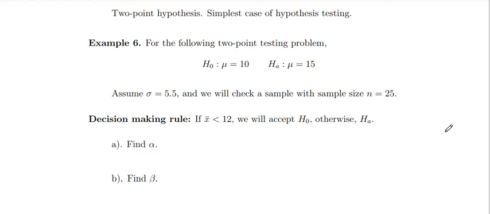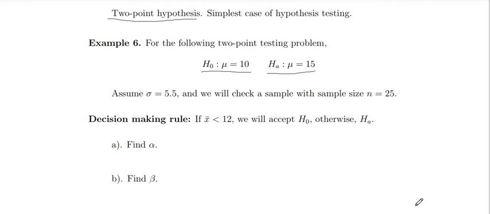We call this a 2-point hypothesis problem. Here, mu has only two possible values: mu equals this number or mu equals that number. For example, mu can be 10 or 15. We only have two possible values for mu, so we just need to determine which one.